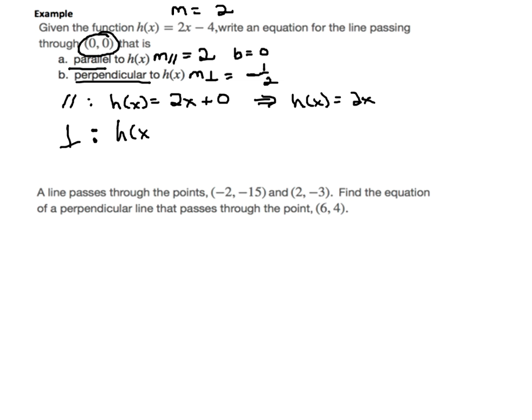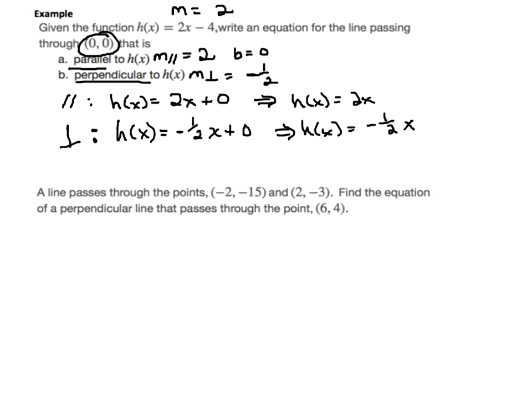My perpendicular line, h of x equals negative 1/2 x plus 0, and you'll see this written, h of x equals negative 1/2 x. All right, last problem, finally.